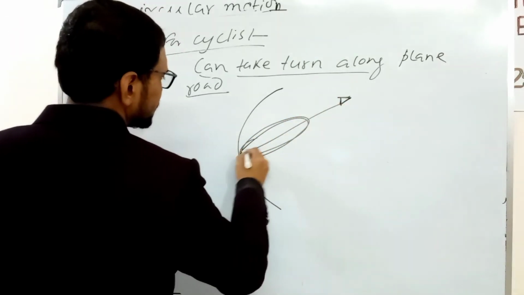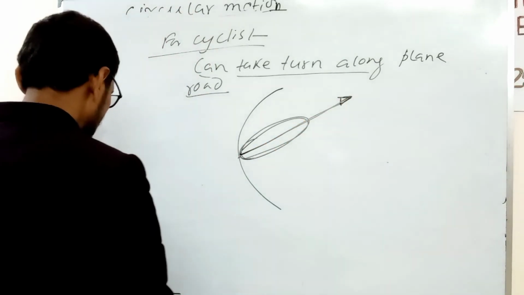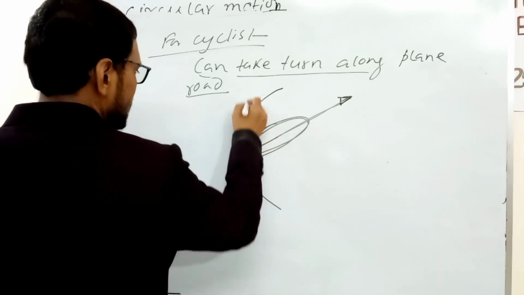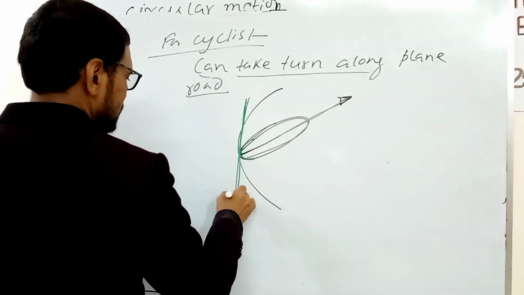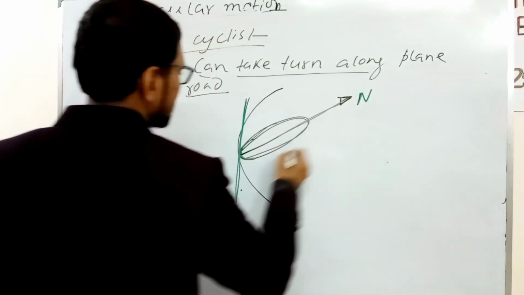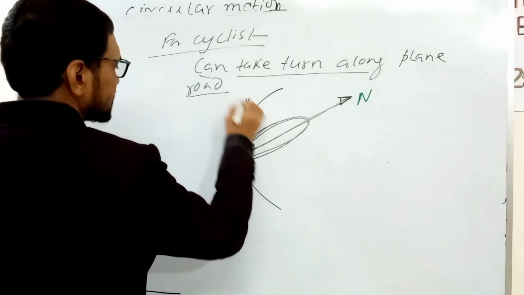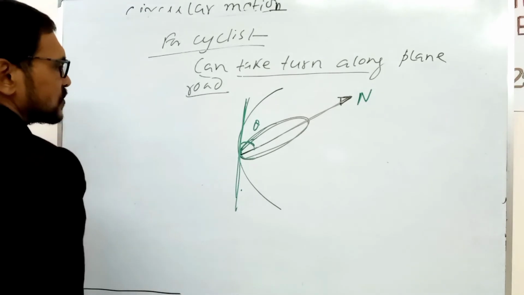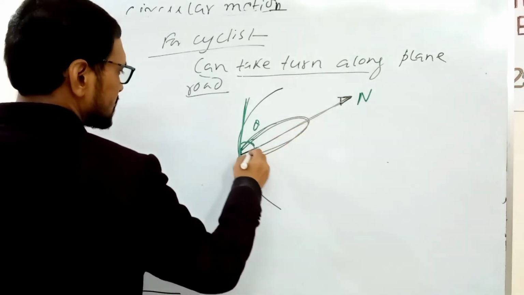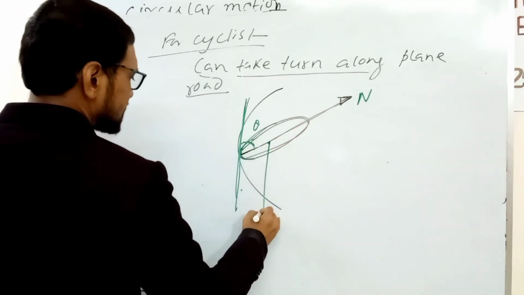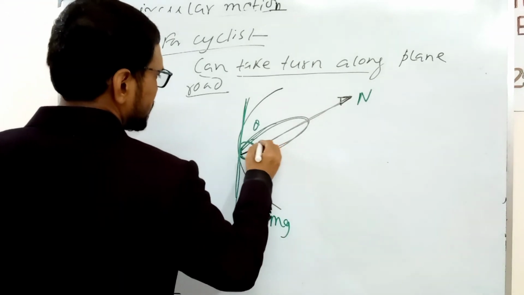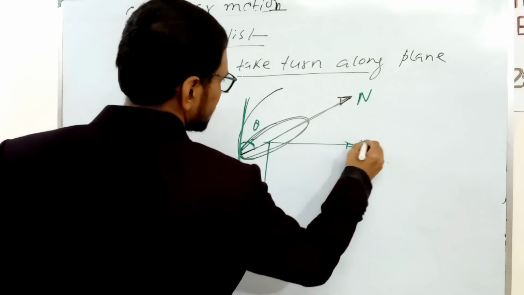This is the normal direction on the wheel by the ground. Now if the cyclist leans theta with the vertical, what is the equation? Weight of the cyclist acts in this direction, and mv square by r acts in this direction.